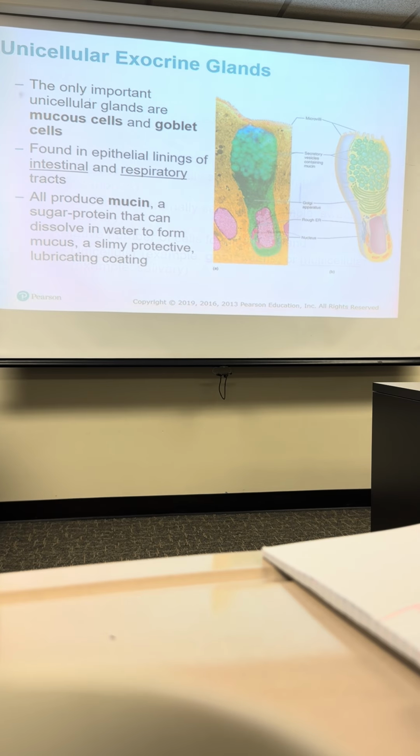Okay? So now we can have unicellular exocrine glands, and we can also have multicellular exocrine glands. When we say unicellular exocrine gland, what do we mean by that? It means we only have two examples, that's all: mucus cells and the goblet cell. You will always find them in the epithelial lining of the intestinal and the respiratory tract, because you want them to be what?